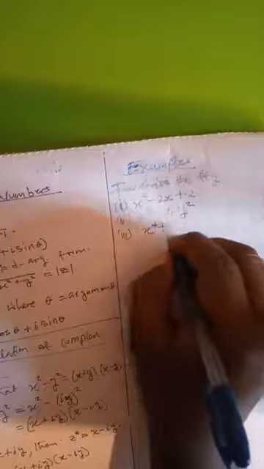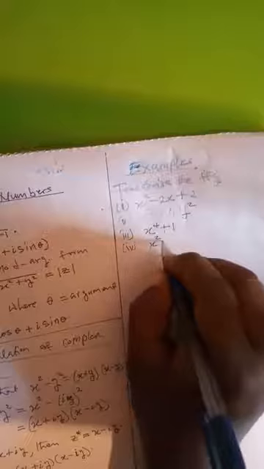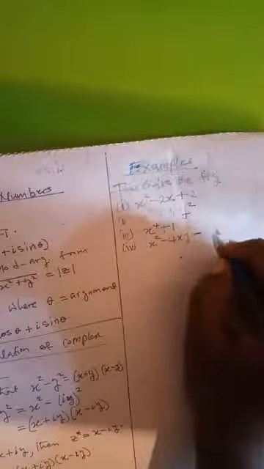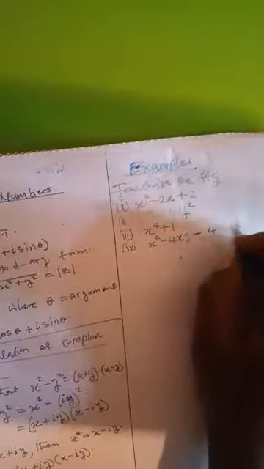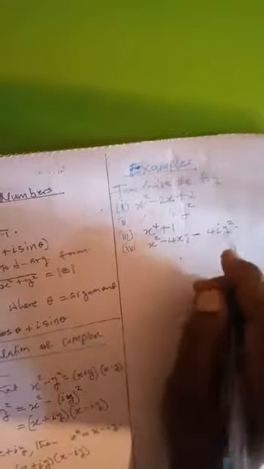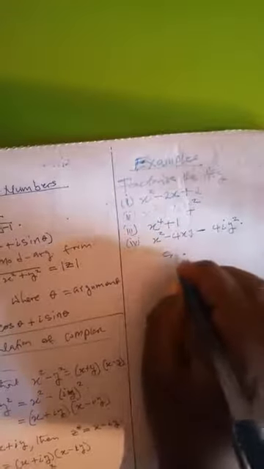Okay, the next one, number 3, x raised to power 4 plus 1. Then the last one, we have x squared minus 4xy minus 4i y squared. Okay, quickly we take the first one, solution.